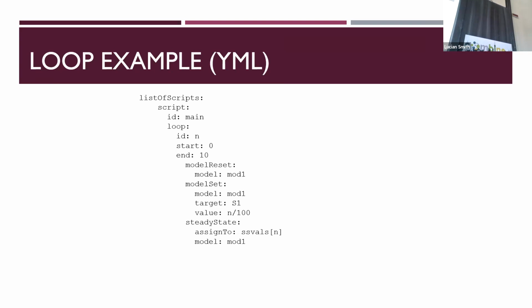And I am assigning that to an output ssvals bracket n. So I am looping over this 10 different times, and I'm saving it in this particular way. So this could be parallelizable. And then each different parallel thing sort of fills in the value for its loop.